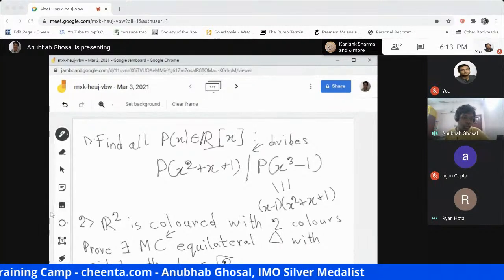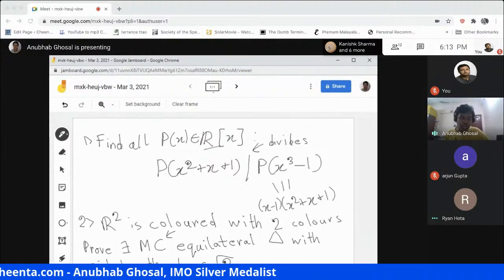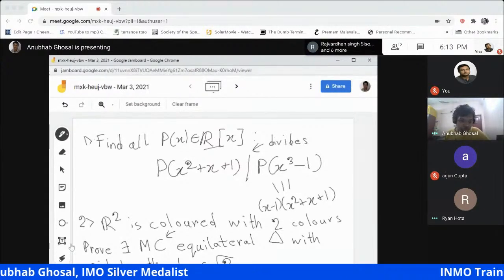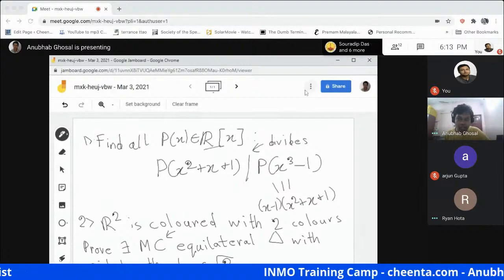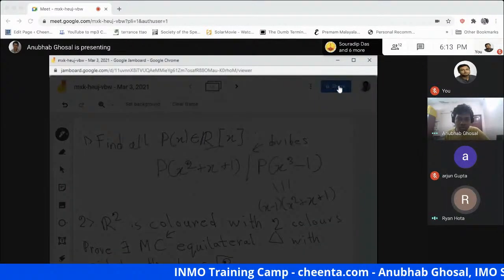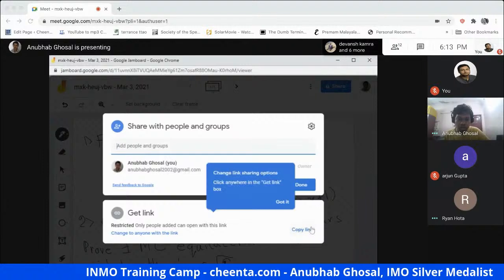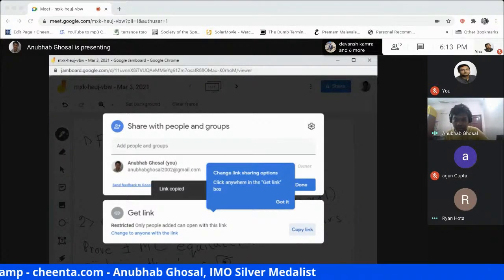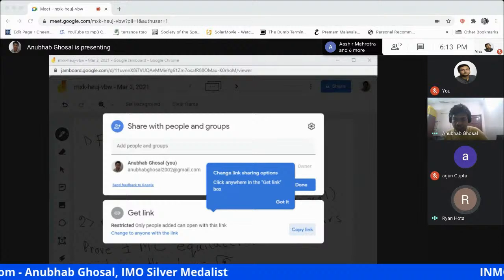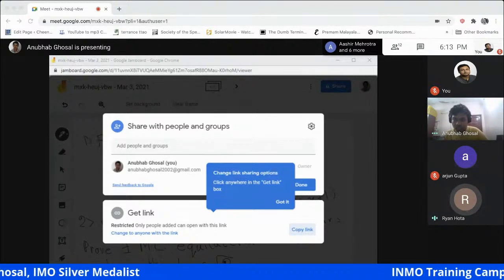Okay, so what I'll do is, I'll give you the link of this. I'm not sure how to do that. Figure it out. I think it's the padlock share thing. Okay, so I think I have the link. I'll just give it in the chat here. Sir, also please change that option to anyone with the link.